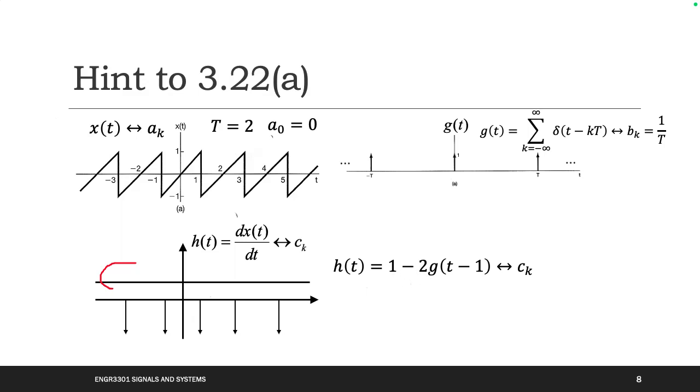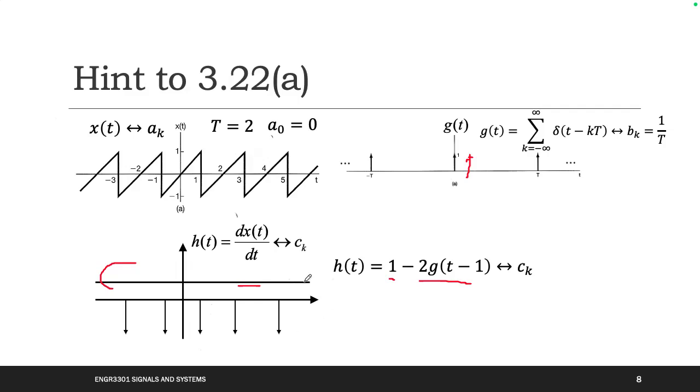Do you know how this 1 comes from? Because this thing is a constant value, but here g(t minus 1) is a right shift by 1 unit, just like this. And you multiply by 2 because the area is 2.